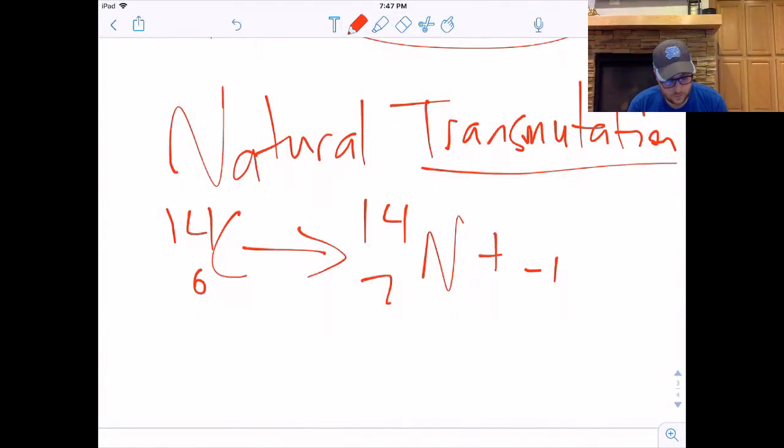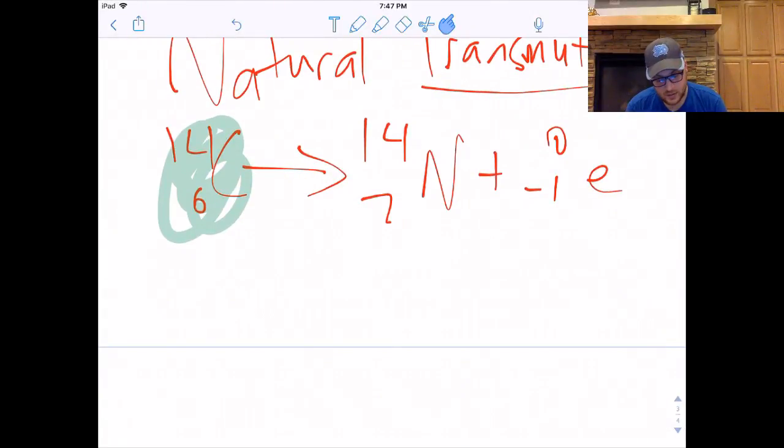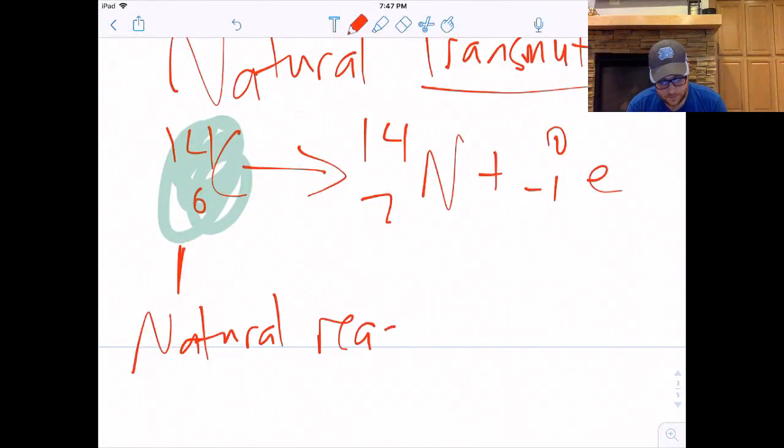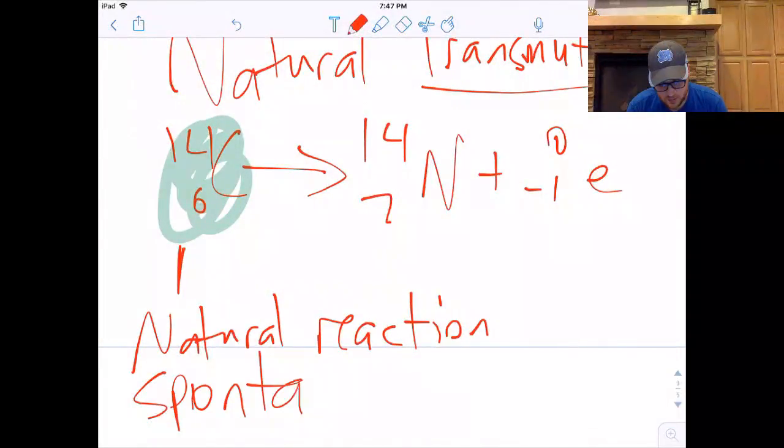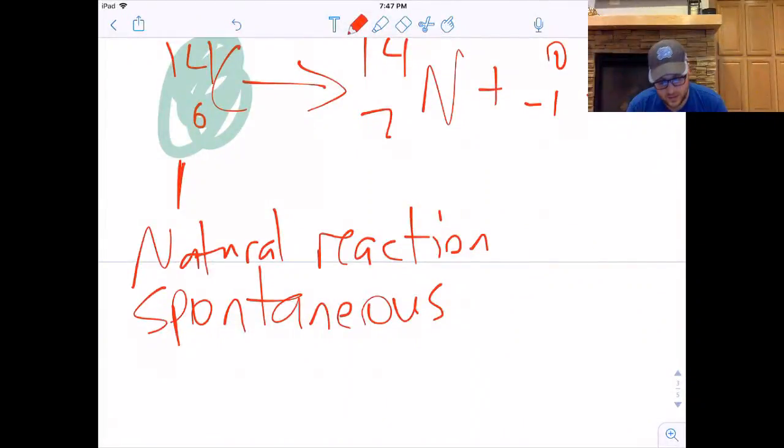Now, when you see a nuclear reaction with one reactant, so one thing on the left side of the arrow, this is a natural reaction. Therefore, it is spontaneous. And since it's spontaneous, it happens without any outside influence.